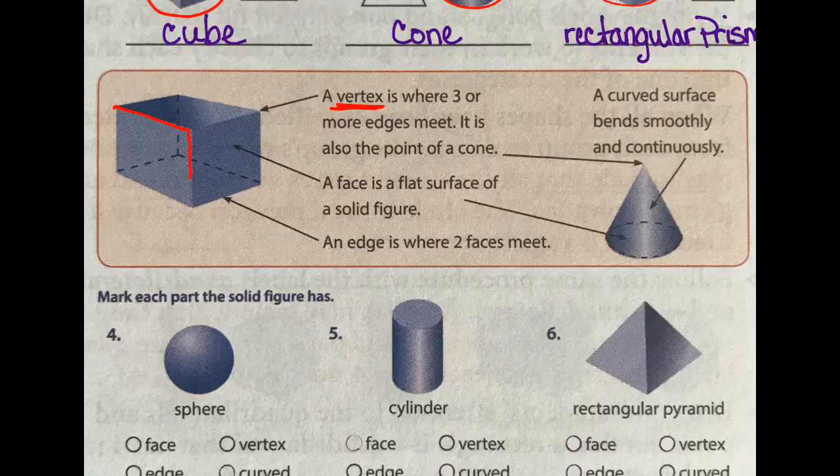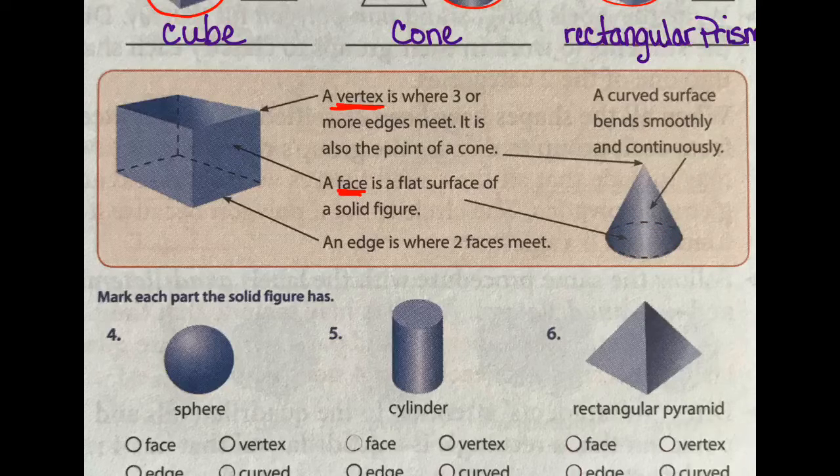There's one here. And so forth. Look down here below at this cylinder. Right there is a face. The bottom of the cone that it's sitting on, that is the face because it is a flat surface. It has to be a flat surface to be a face.